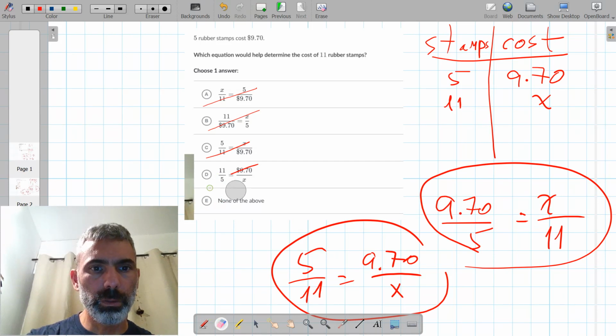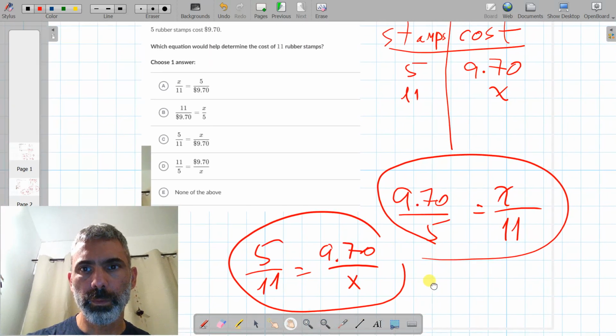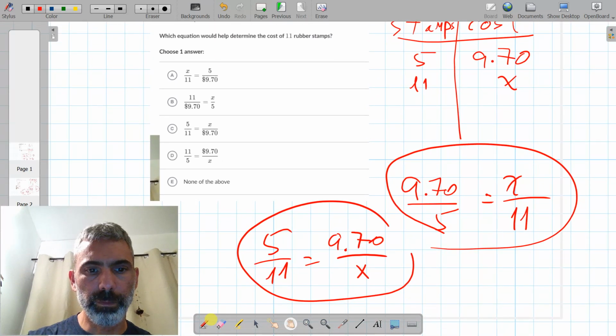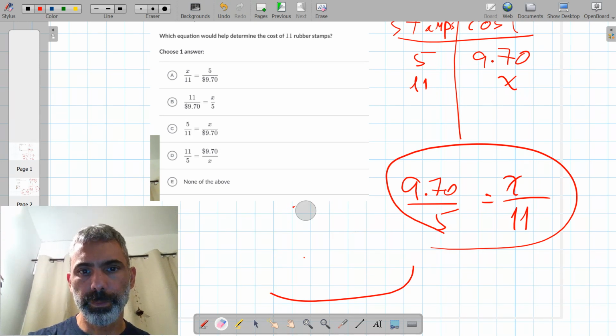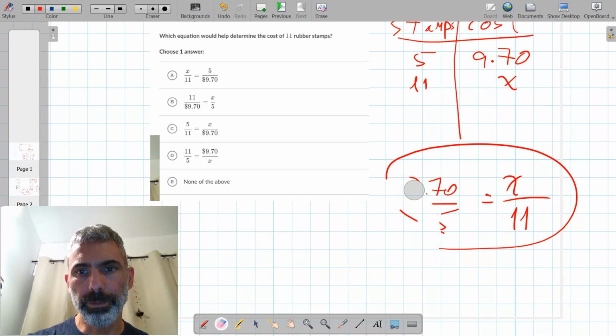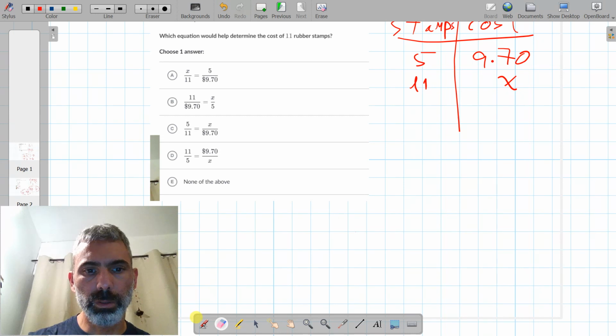Let's make sure again. Okay, so I have 4 options. Let me write it in orderly fashion. The 4 options to represent this relationship.